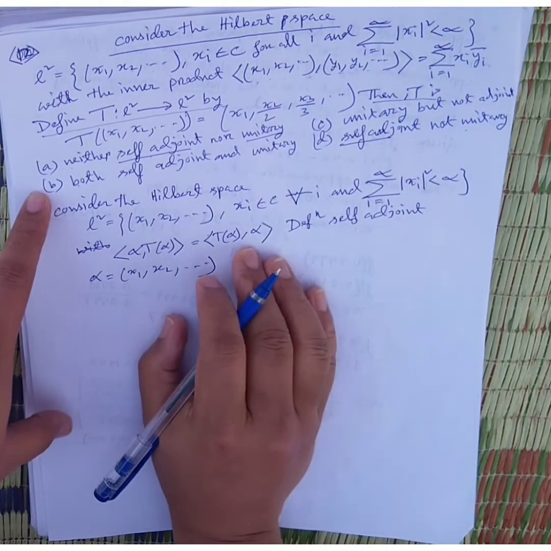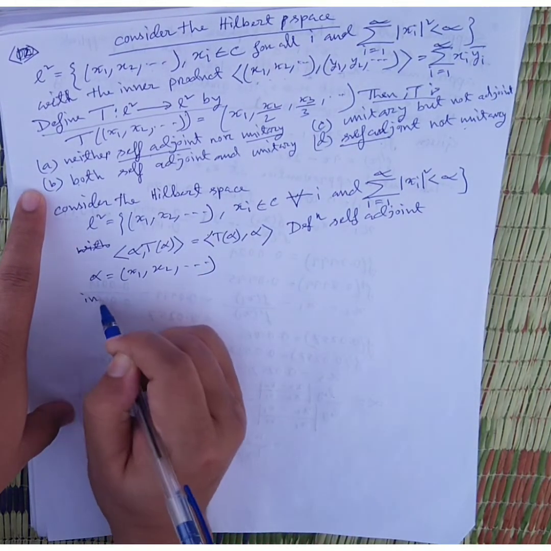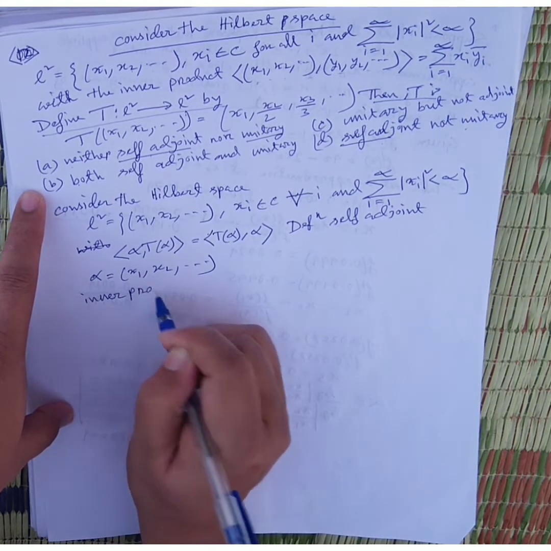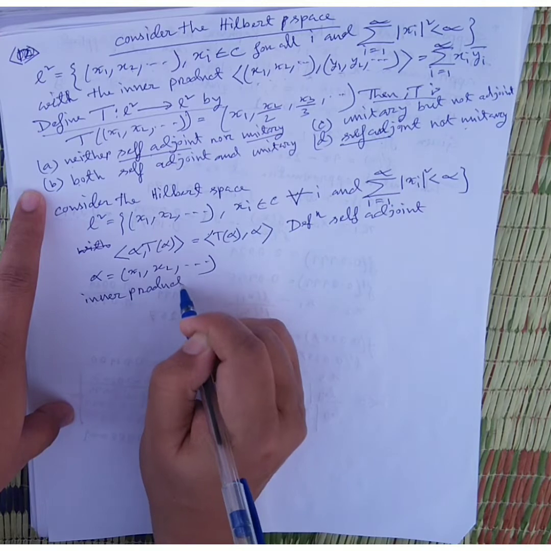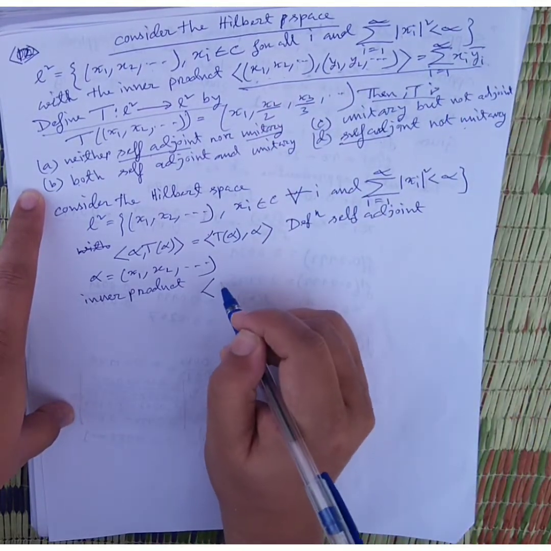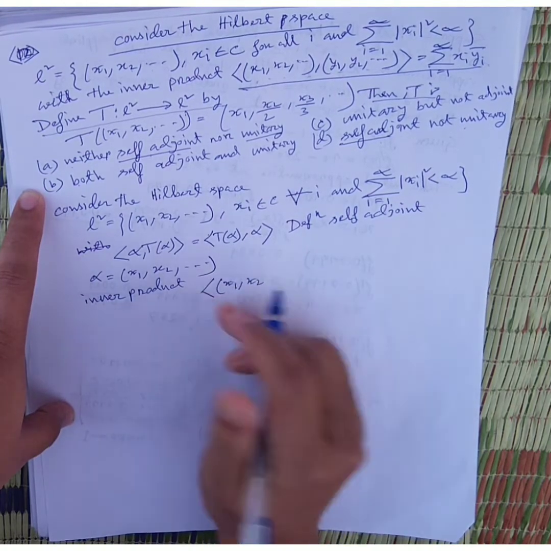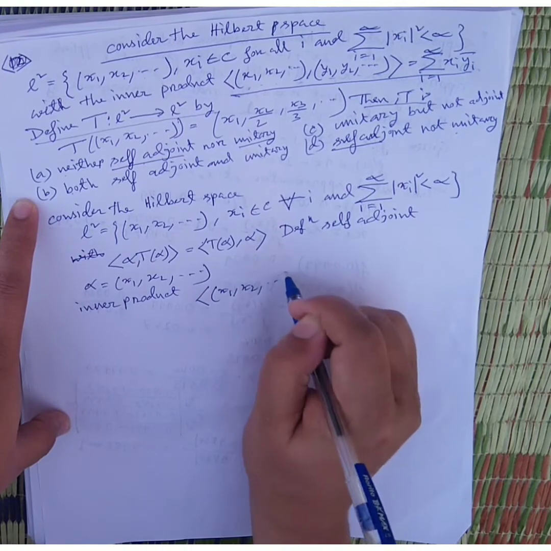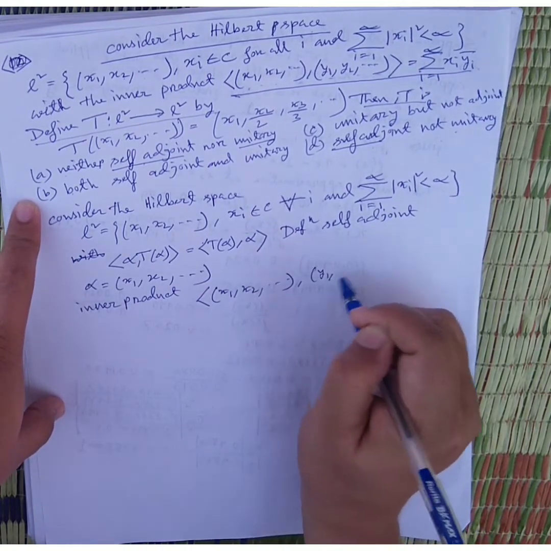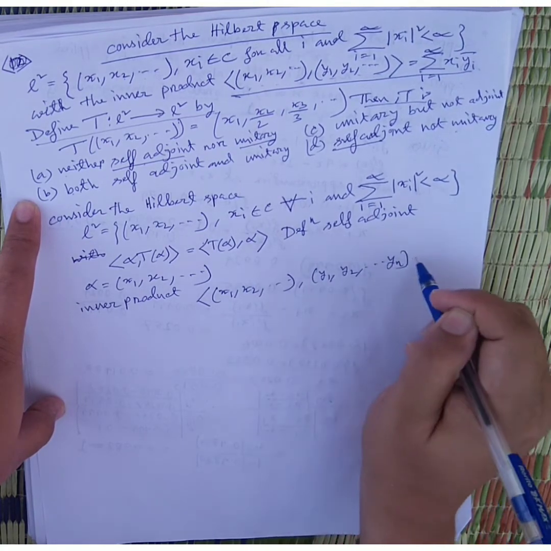Here alpha is equal to this, so the inner product formula given is the summation of (x1, x2, ...) with (y1, y2, ..., yn).